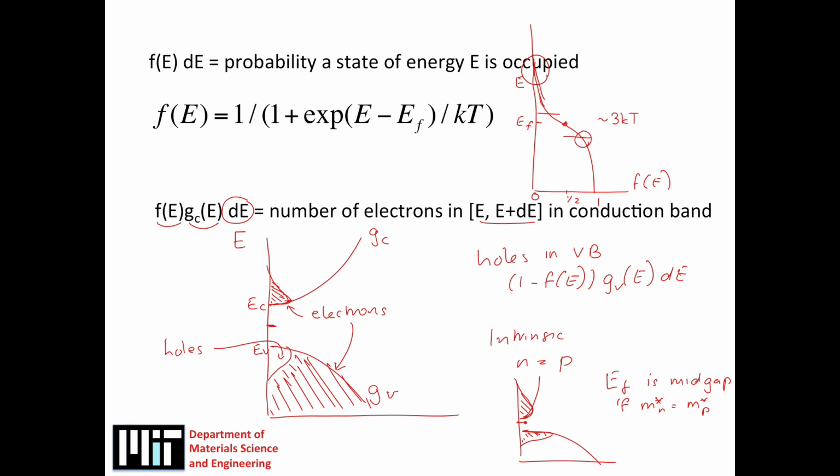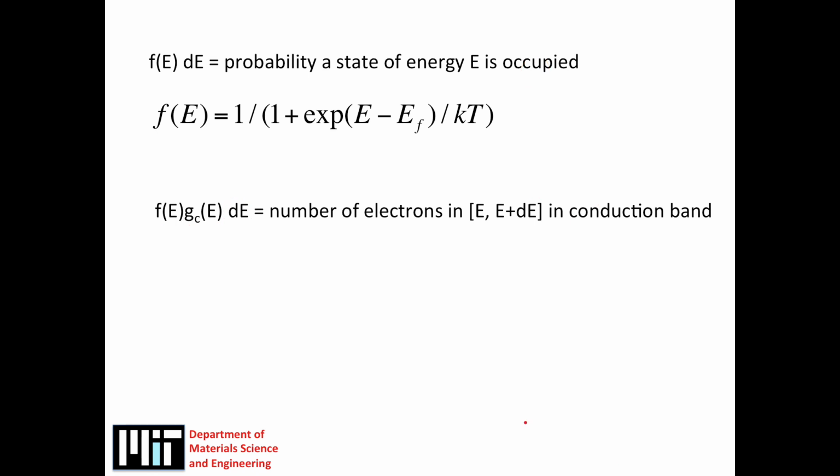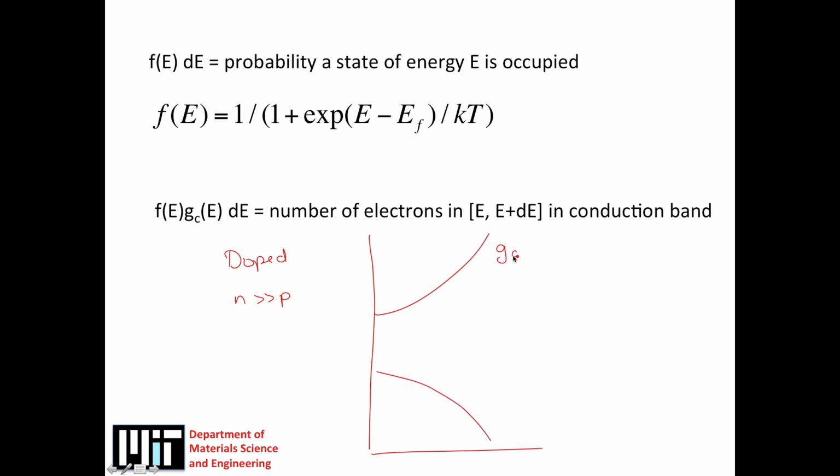We can also look at the situation when we have a doped semiconductor. So in the doped case, let's suppose that n is much greater than p. And let's suppose the effective masses are the same, just for simplicity.